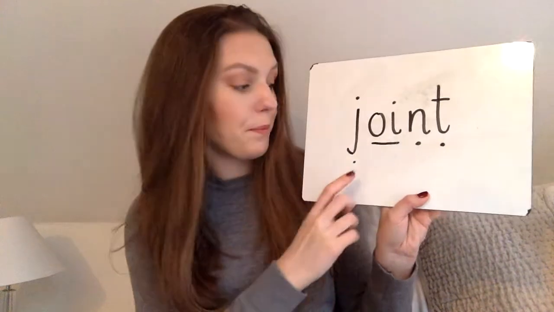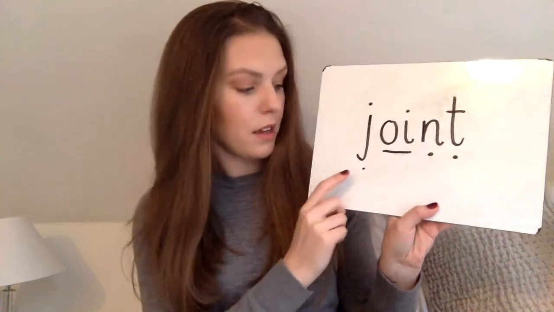Let's have a go together. J, oi, n, t. Joint. Let's try that again. J, oi, n, t. Joint. Like in a race, the winners were joint first place. Okay, so that word there was joint. Well done if you got that correct.